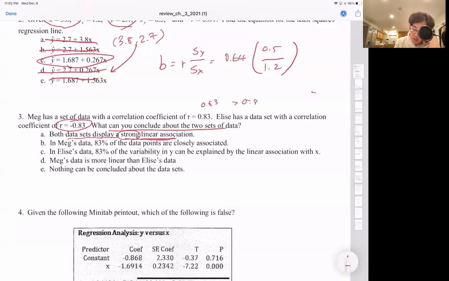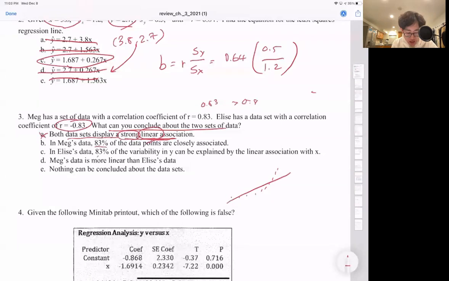But the problem is that you can still have a nonlinear relationship, try to formulate the best line of fit, and still get a very high r value. So the problem here is the word linear. It's not appropriate because you don't know if it's nonlinear or not. That's not enough information for us to say A.